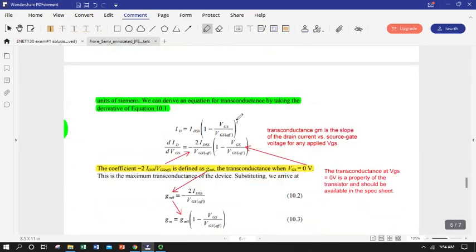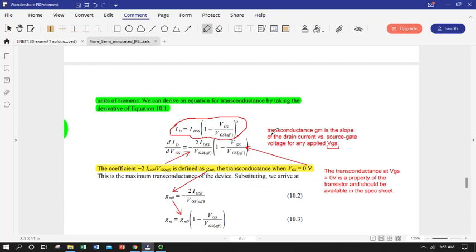So what is transconductance? Sounds like a big term, but it's really simple, and it's just a handier way of telling us what's going on in our nice parabolic equation. So it turns out it's the slope of this parabola at any given gate source applied voltage.